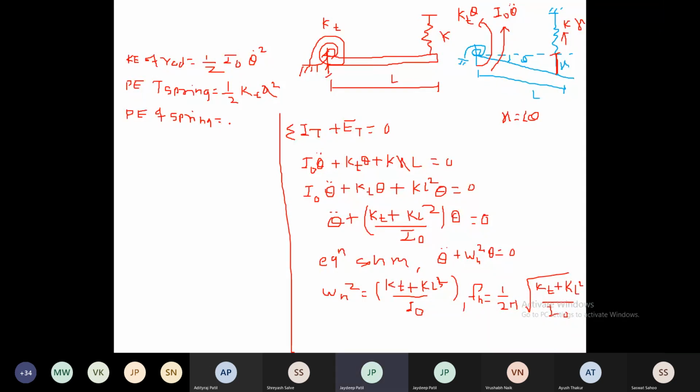What will come? 1/2 kx square. Now here you will get 1/2 k theta square. You will get here 1/2 k theta square. Okay, now here kx square. Now kx means, instead of x you have to write down, sorry, L square theta square.